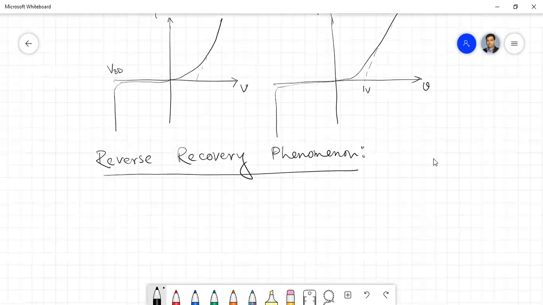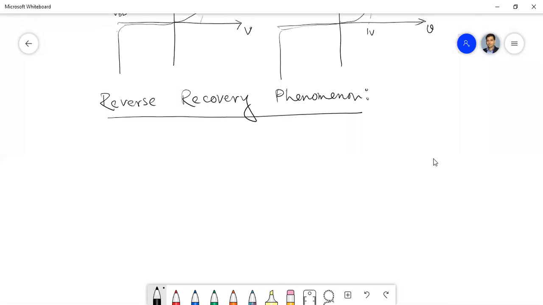suppose let us draw a simple diode. A power diode is there. In series, you have an inductance. The inductance may be there or may not be there. If it is not there also, there may be some stray inductance.